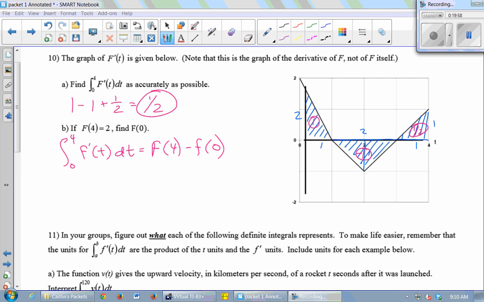And now I know the integral from 0 to 4, because I just did it, is a half. And they told me f of 4 was 2, so I can now solve for f of 0. So if I subtract 2 from both sides, I'd get negative 1.5. So f of 0 is 1.5. Make sense?